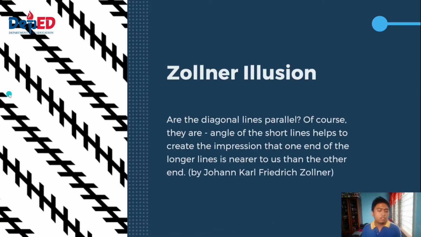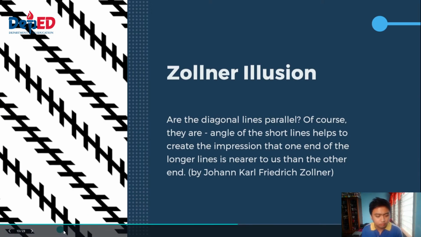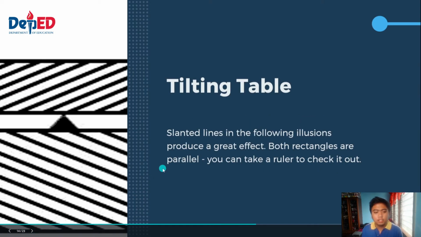Zollner illusion uses diagonal lines, but all the lines are parallel. They are parallel, but because of the diagonal lines, your mind is interpreting that they are not. Then we have tilting table.